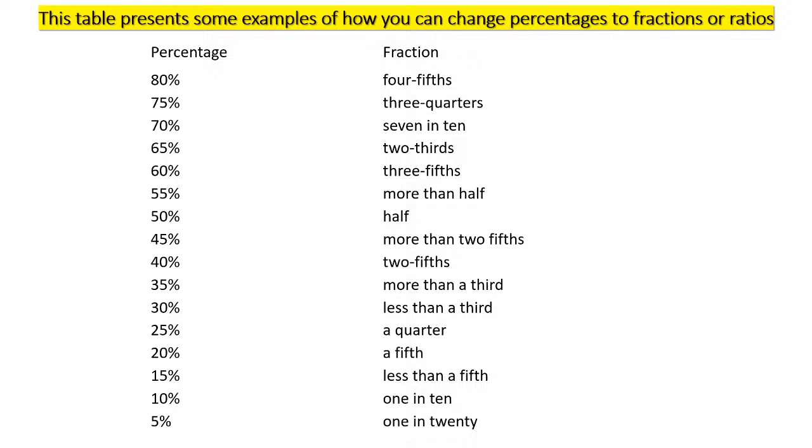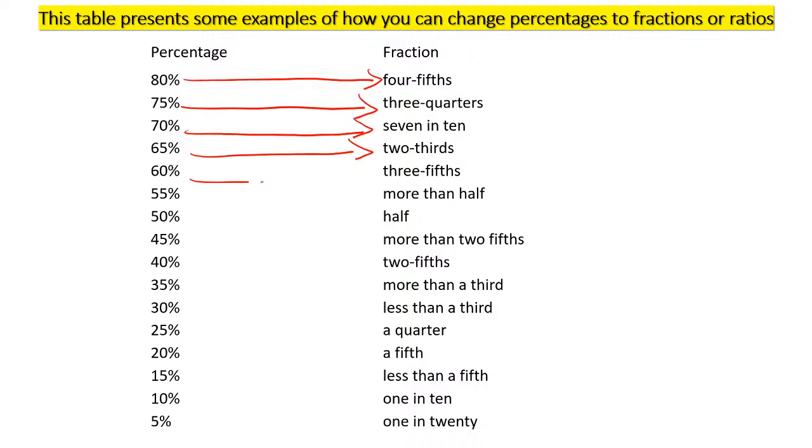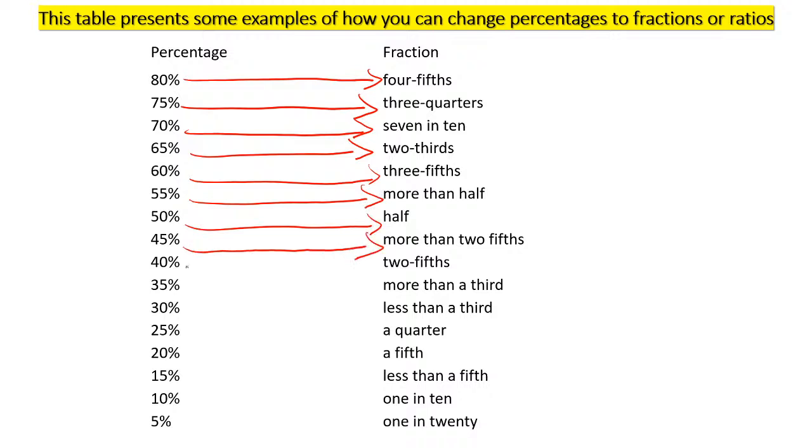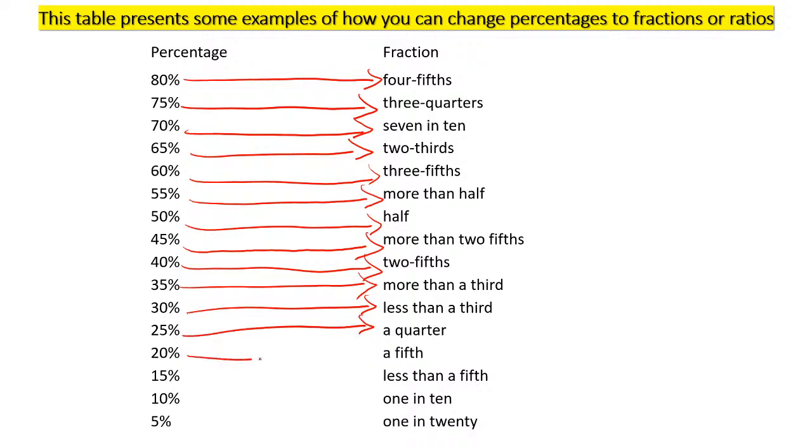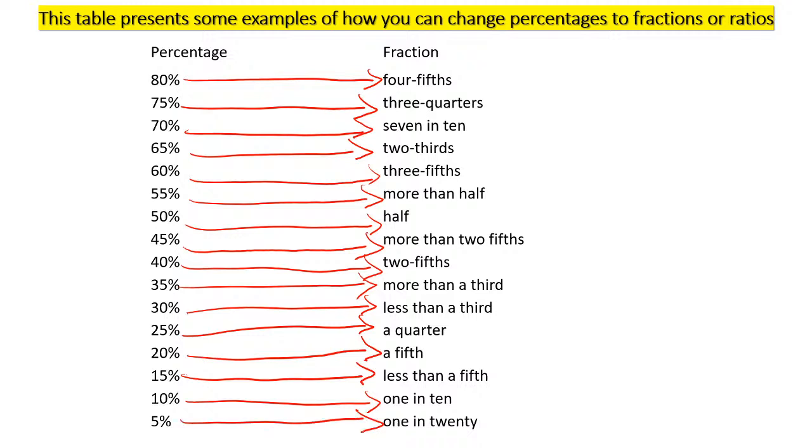Let's take an example: if it is 80%, you can write 4/5; 75%, 3/4; 70%, 7 in 10; 65%, 2/3; 60%, 3/5; 55%, more than half; 50%, half; 45%, more than 2/5; 40%, 2/5; 35%, more than a third; 30%, less than a third; 25%, a quarter; 20%, a fifth; 15%, less than a fifth; 10%, 1 in 10; and 5%, 1 in 20.